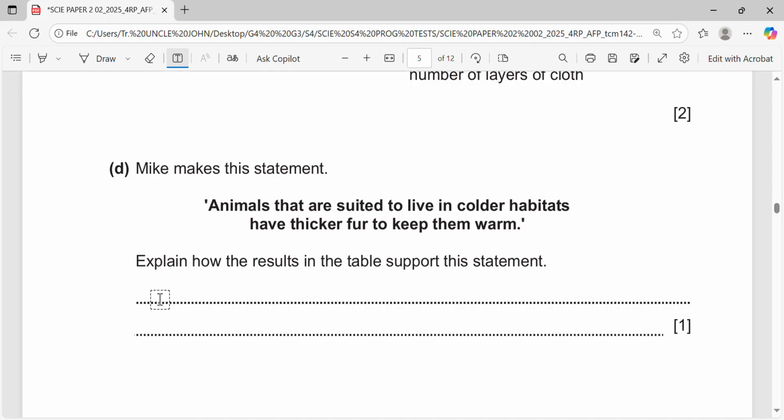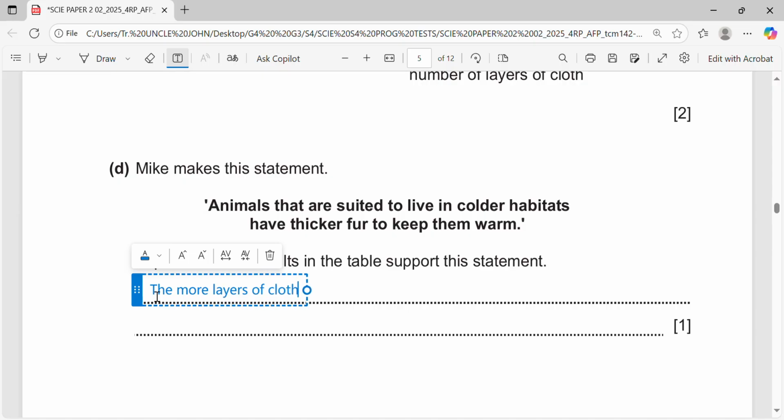You can say that the more layers of cloth, the less heat lost. The more layers of cloth, the less heat lost.